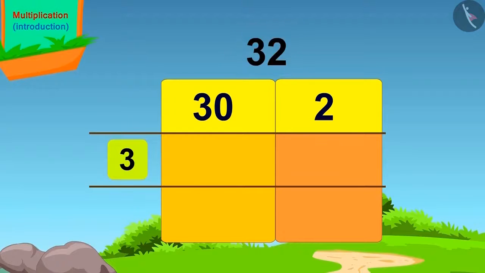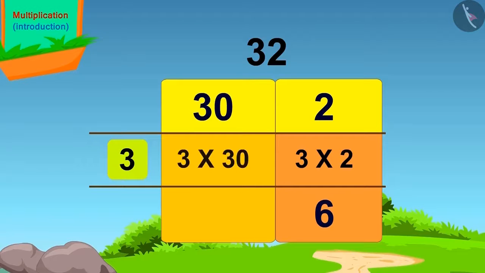Now we will multiply the 2 by 3. 3 times 2 is 6. We will write this answer here. Now we will multiply 30 by 3. 3 times 30 is 90.